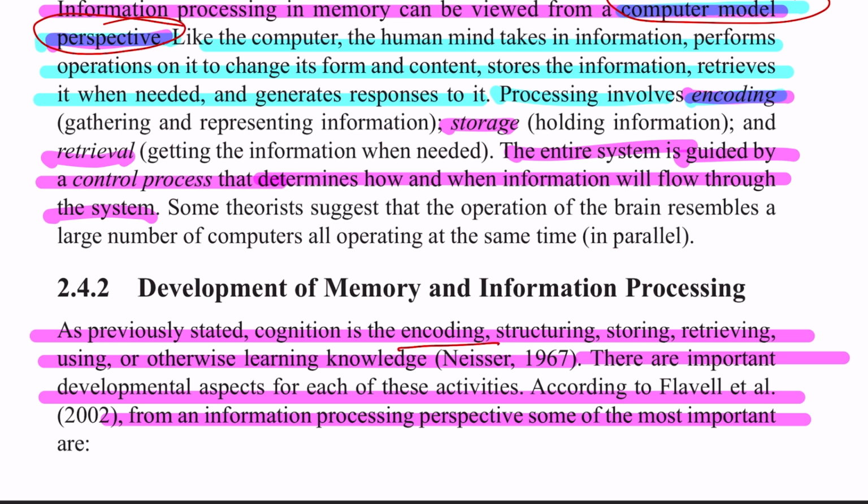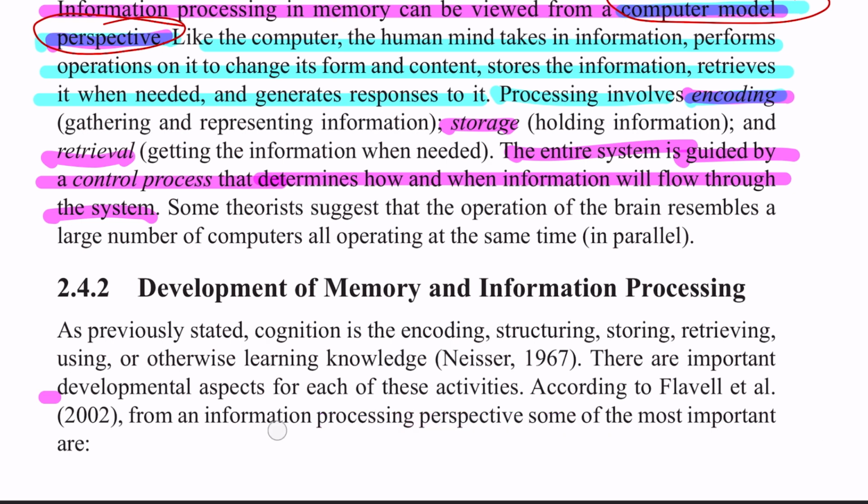You know what encoding is, structuring, how you store information, just like in a library you do systematically, storing and then retrieving whenever it is required, using it otherwise for learning knowledge, right? There are important development aspects of each of these activities according to Flavell et al.